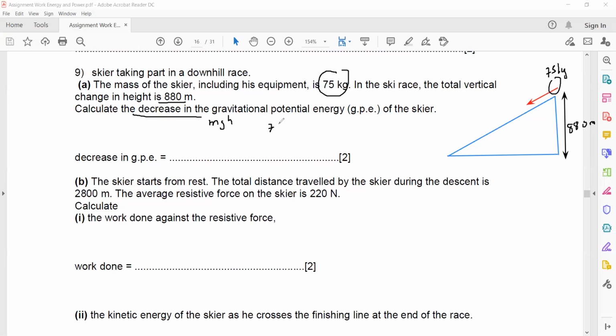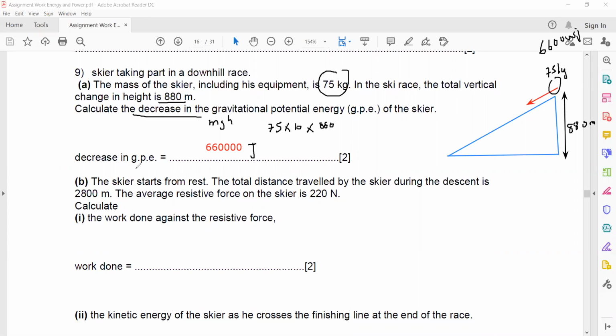Mass is 75, gravity is 10, and height is 880. 75 multiplied by 10 multiplied by 880 is 660,000, or 660 times 10 to the power 3. That's the energy the skier has at this point, 660,000 joules.